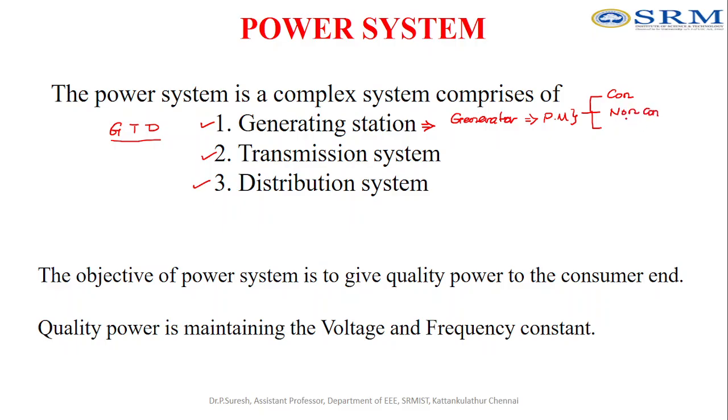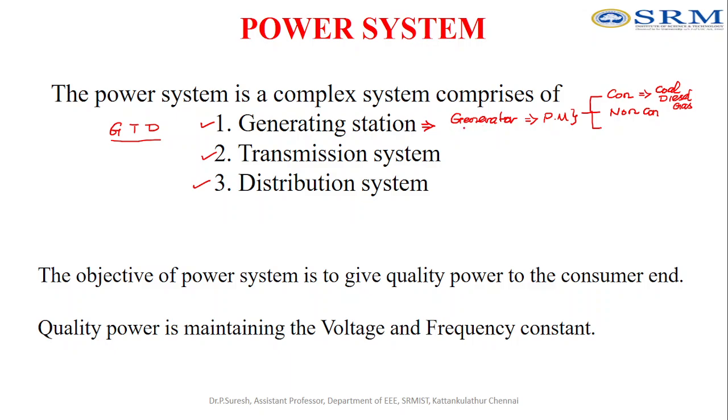If you go for the conventional energy resources, we have coal, diesel, and gas. Using these resources, we can make the prime mover rotate, and once the prime mover is rotated, the generator is rotated, because we know the principle of operation of a generator.